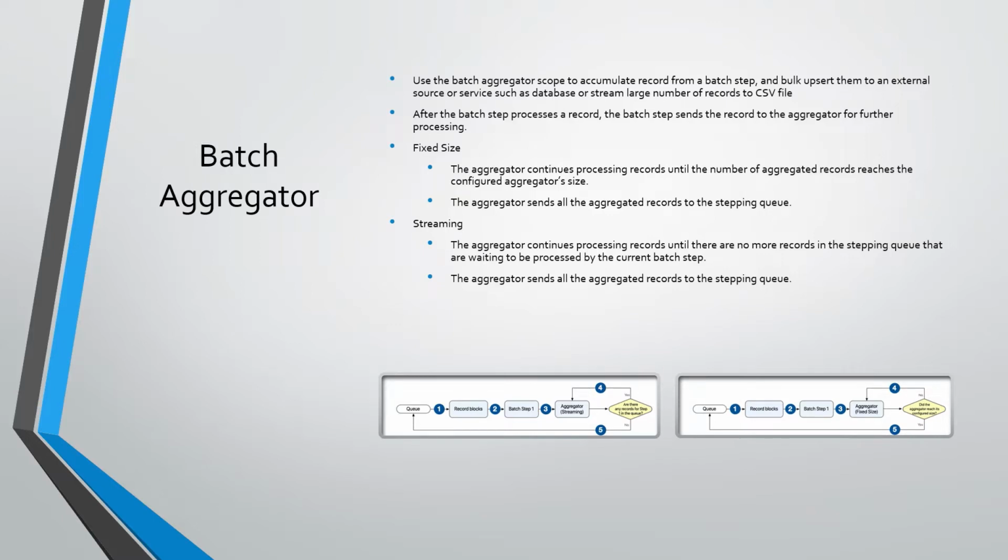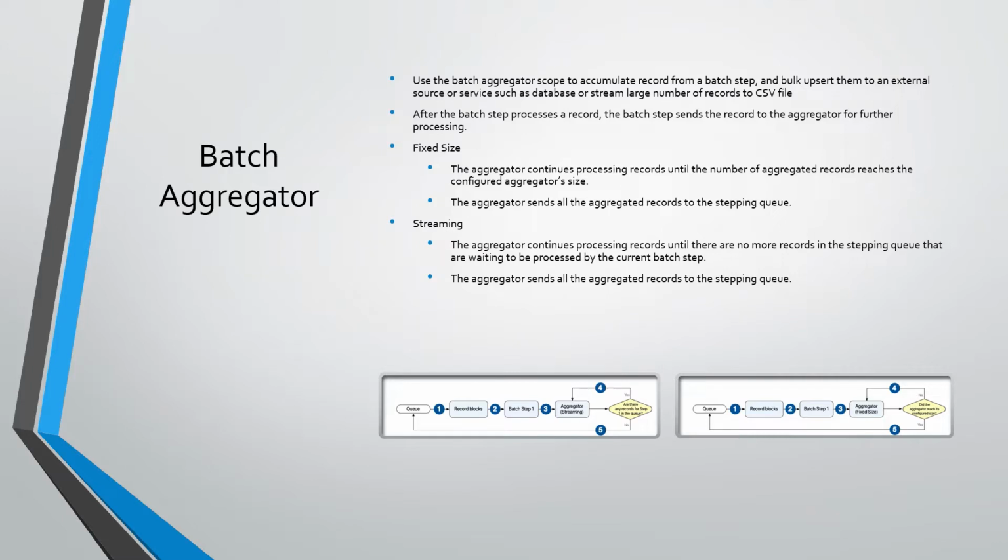Then each batch step will get a block of records, get one record from the block, process it, and send that record back to the queue. So if you are writing that record to a CSV file, then one record will be written to the CSV file at a time.